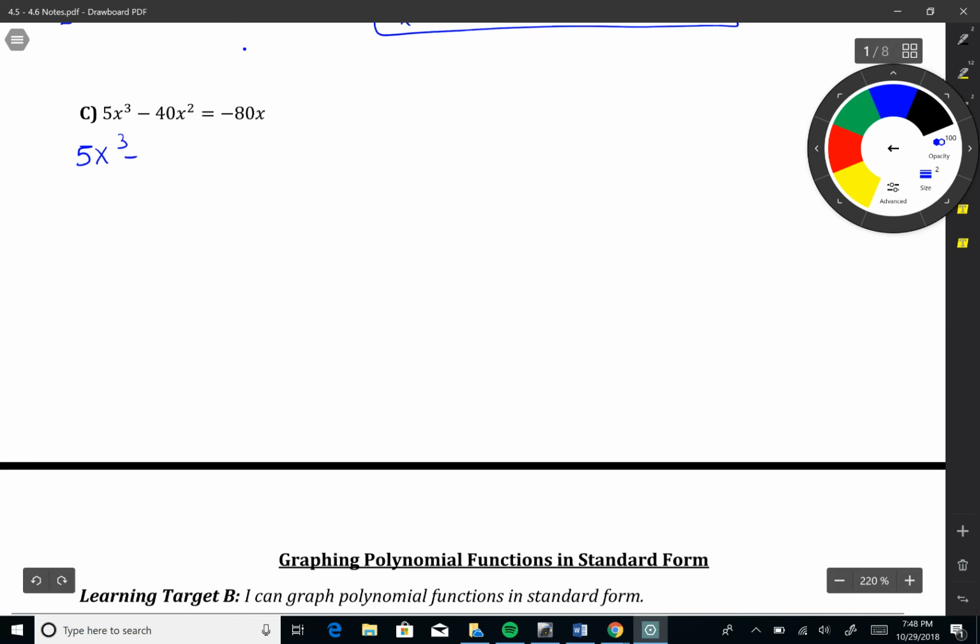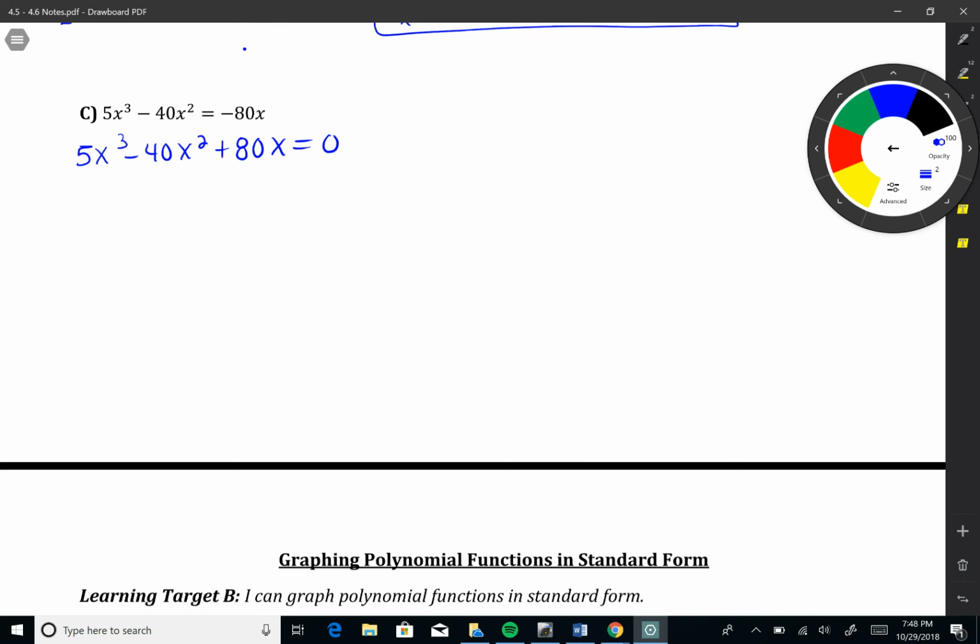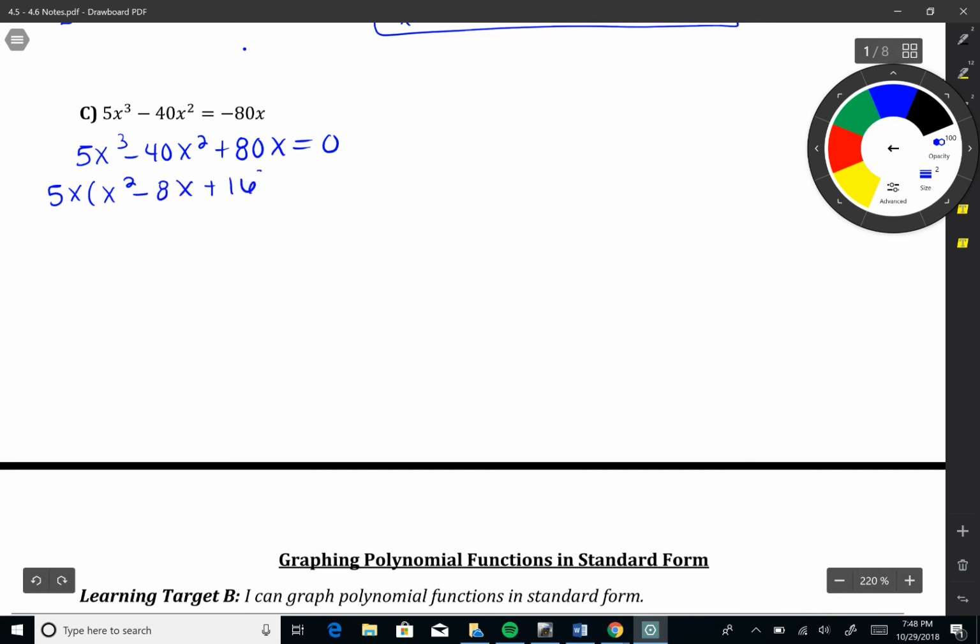So I have 5x cubed minus 40x squared plus 80x, and that equals 0. Now I'm going to look for my GCF. Looks like 5 goes into all those, and they each have an x as well. So I'm going to take out 5x, which leaves x squared minus 8x plus 16.